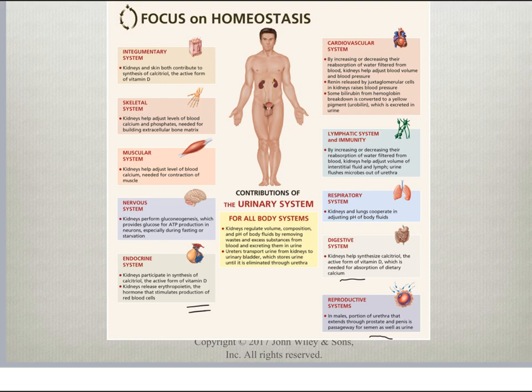And when you do urinalysis, you will check for urobilinogen, which level should be normal in normal urine. Our lymphatic system, by increasing or decreasing the reabsorption of water filtered from blood, the kidneys help adjust volume of interstitial fluid and lymph. Urine flushes microbes out of the urethra. So that takes care of our urinary system.